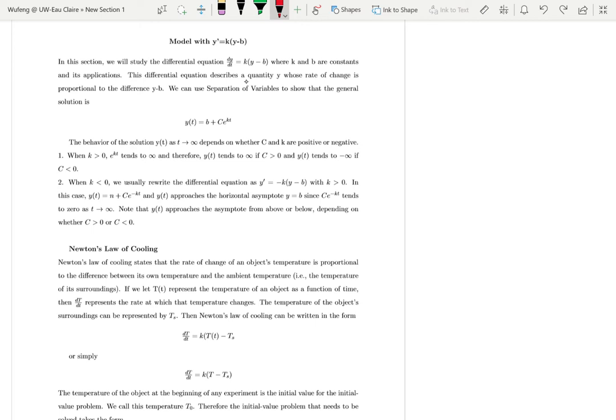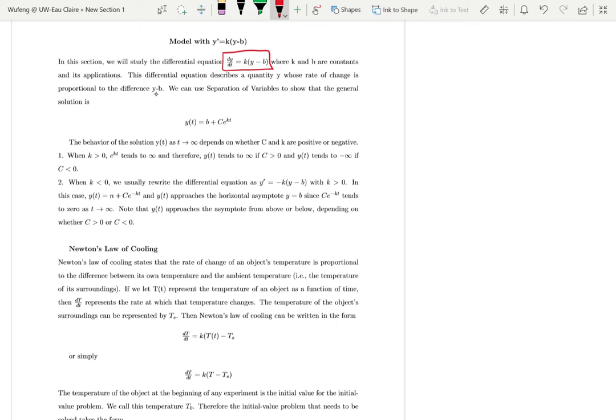The differential equation describes a quantity whose rate of change of y is proportional to the difference y minus b. So dy over dt equals k times y minus b. This differential equation describes the quantity y whose rate of change is proportional to the difference y minus b.